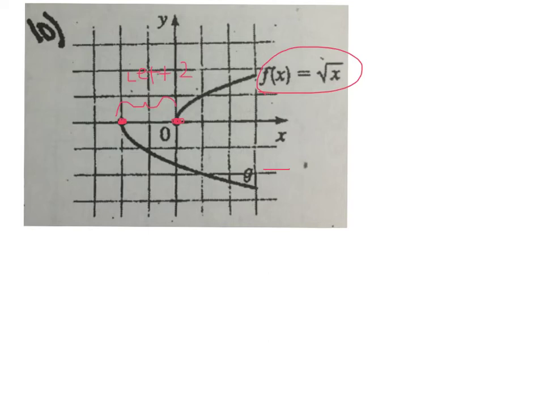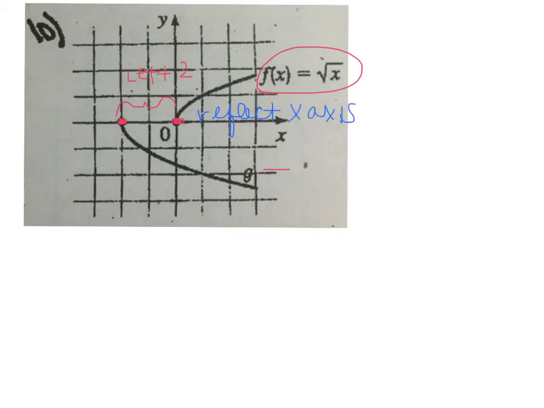But how does my graph go from looking like this to looking like this if this was your x-axis? I hope you know that it looks like it's been flipped over, flipped across your x-axis. So I also need to add reflect x-axis.